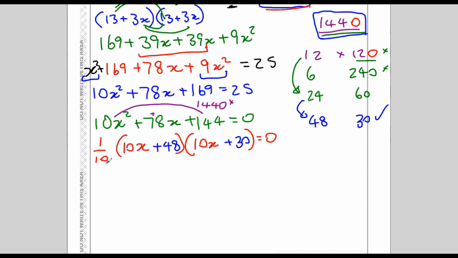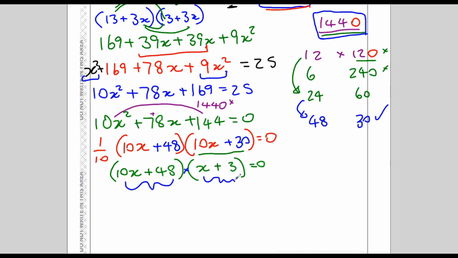Now this 1 over 10 we can get rid of. We can get rid of it easy enough from this bracket. So 10x plus 48 times x plus 3 equals 0. Now we want to solve. If two things multiplied give you 0, then either this is 0 or this is 0.